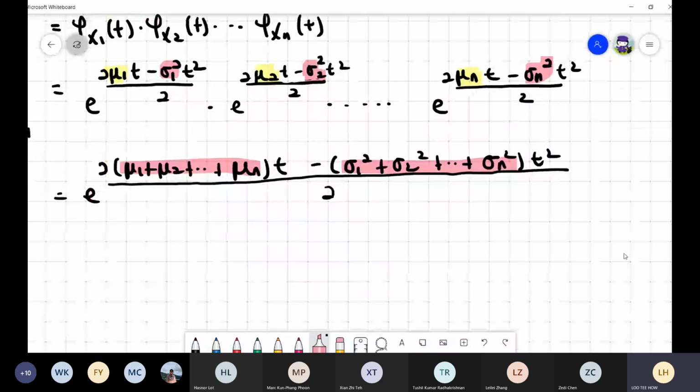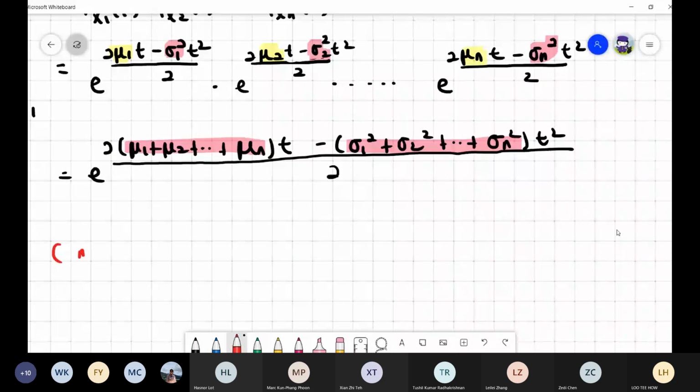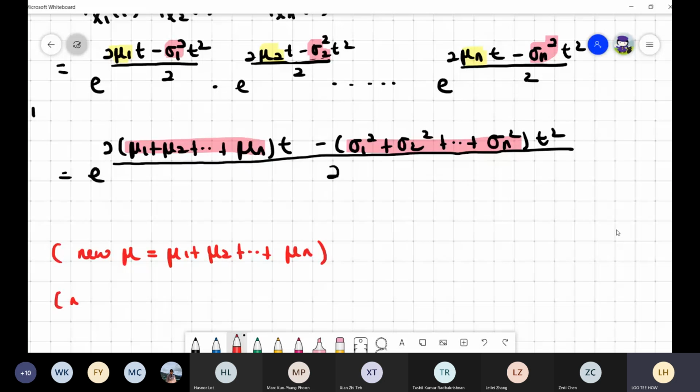So just to let you know, that means the new mu will be mu1, mu2 up to mu n. Okay, and also we have a new sigma square, which is actually equal to the sum of these things, sigma 1 square up to sigma n square.